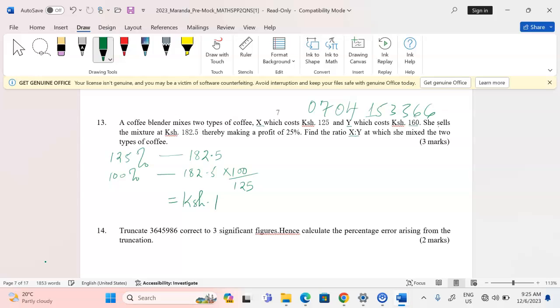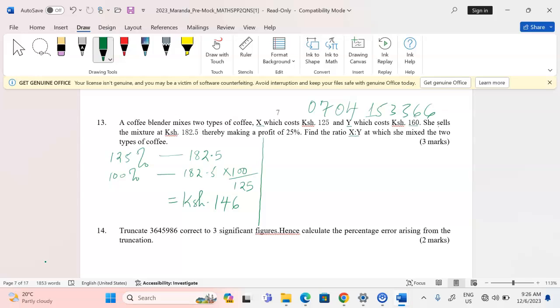Therefore, 146 is now the cost price of our mixture. After mixing, this mixture costed 146. So how can we get back to the ratio at which she mixed these two?